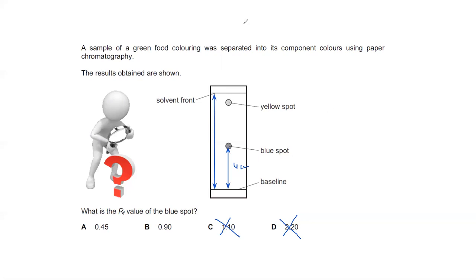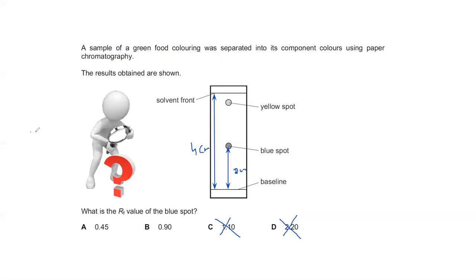The solvent came 4 centimeter. Okay. And what about the spot for you? Almost 2. Okay, you can take 2. Example, you got 2.